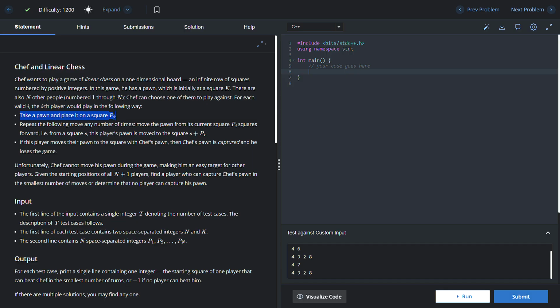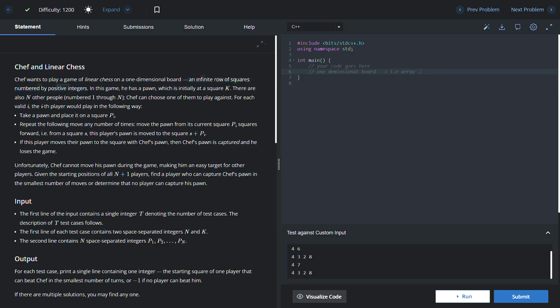At that time, what's going on? There is one dimension. One dimensional board, that is an array, right? We have one array, one dimensional board, and an infinite row of squares. We don't know where it will end.